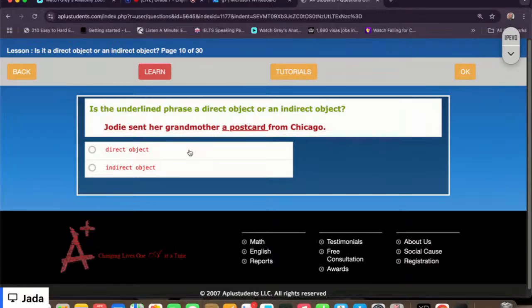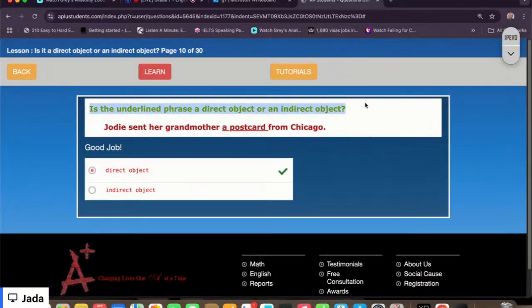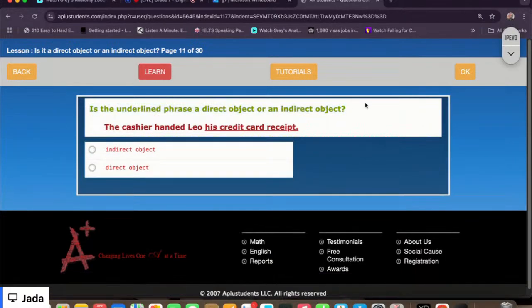So what do we have? Direct objects. Alright, the cashier handed Leo his credit card receipt. Indirect or direct object?